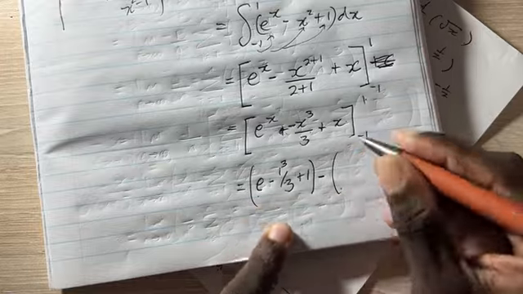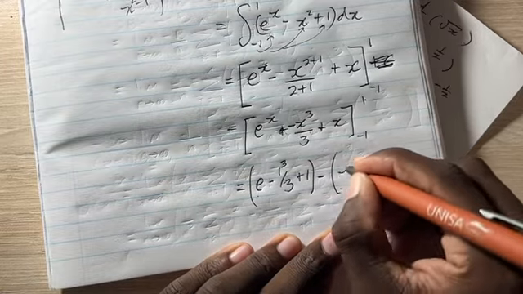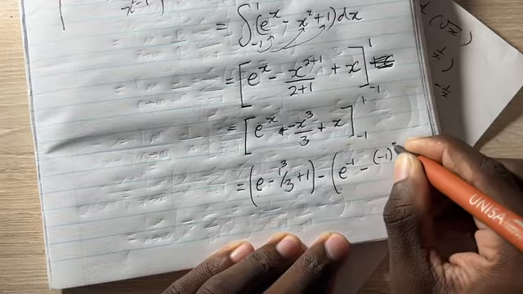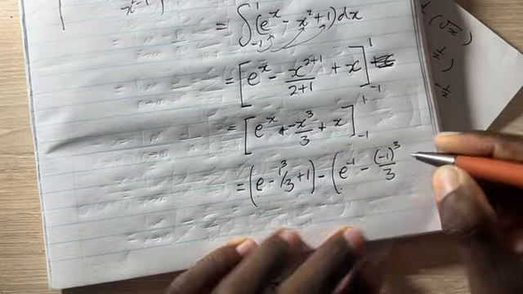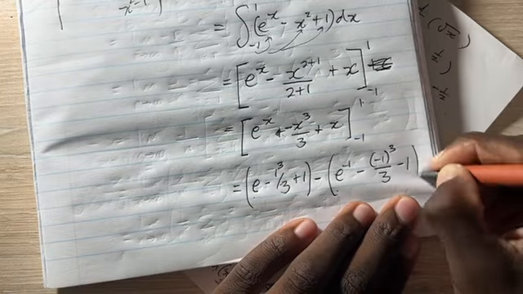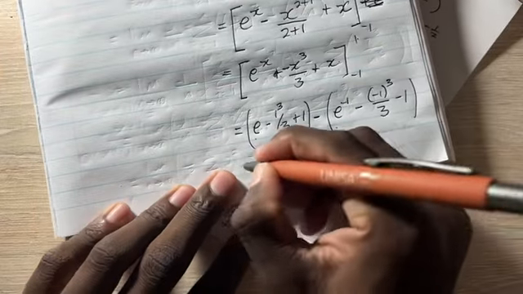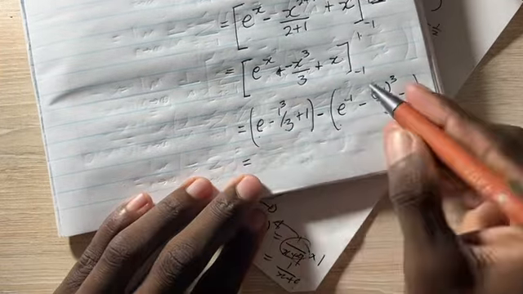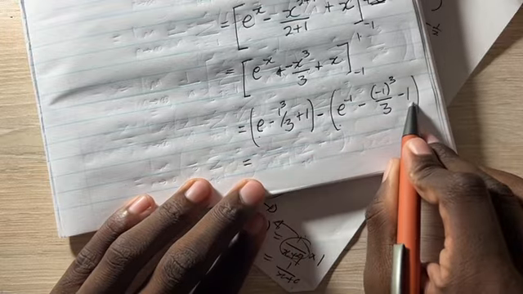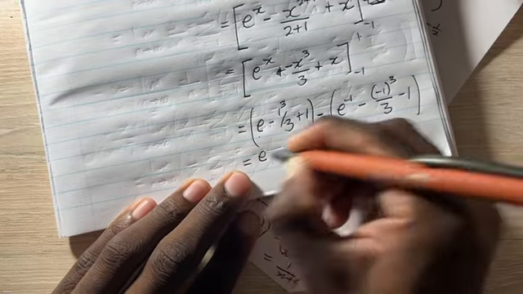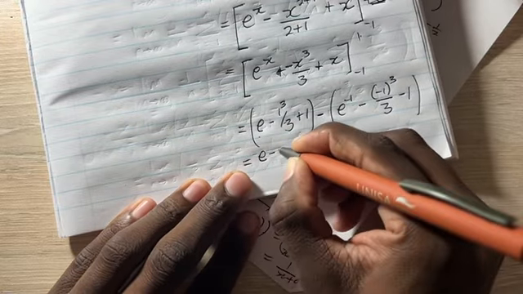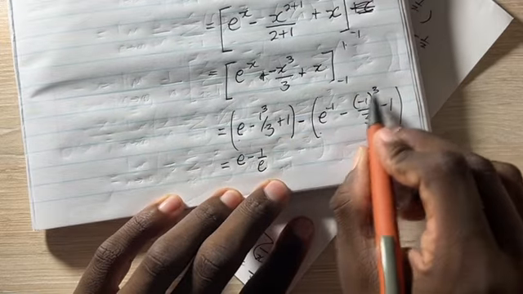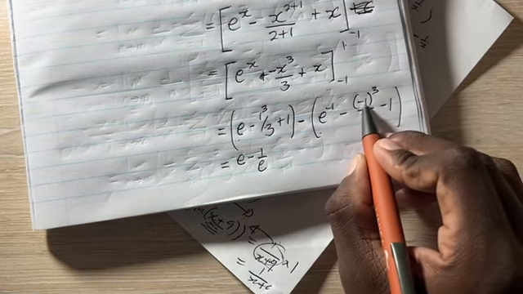Minus, now I'm going to substitute a negative 1. I got e to the negative 1 minus negative 1 cubed over 3 minus 1. Okay, see what happens now. The negative sign distributes into all of these. So you get e minus 1 over e. This becomes a negative 1.